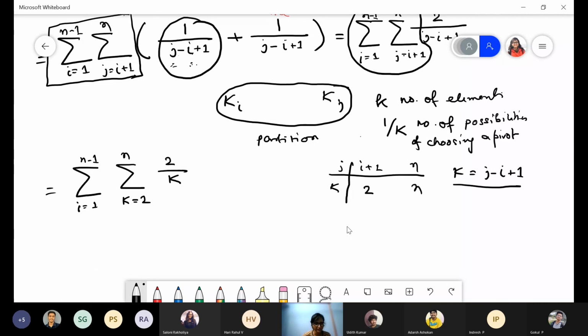So if we get this, can anyone guess what we are going to do here? This 1 by k or 2 by k, if you remember calculus, we have been using such kind of forms. Is it looking similar to you?